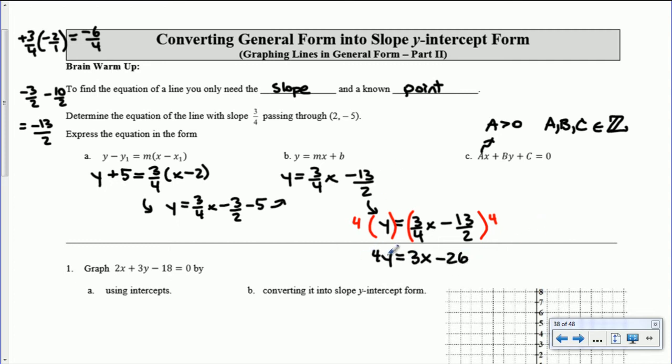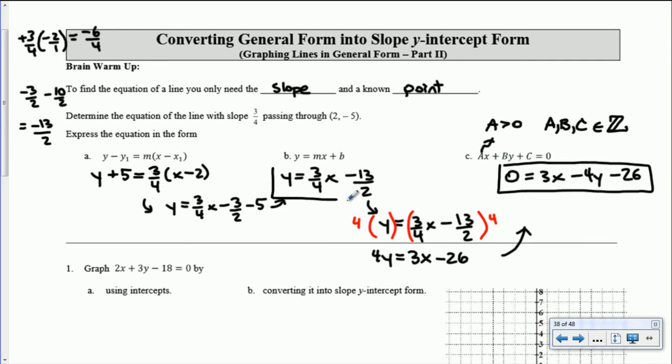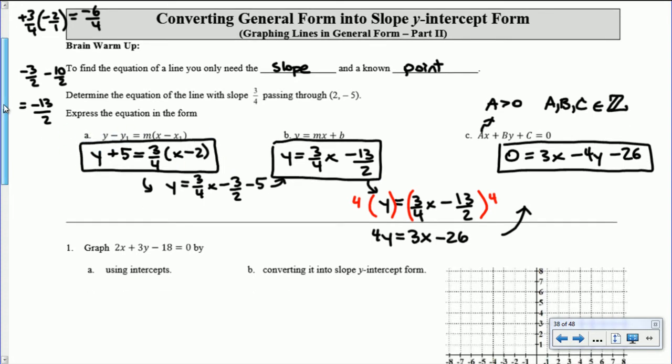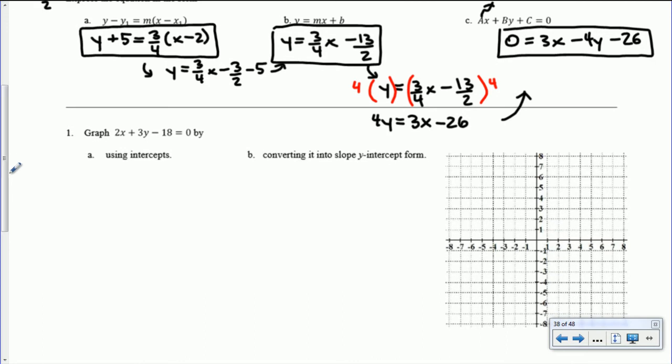Then I just have to bring this y to the right, so 0 equals 3x minus 4y minus 26. So there's general form, there's slope intercept form, and there's point slope form, whatever you like.